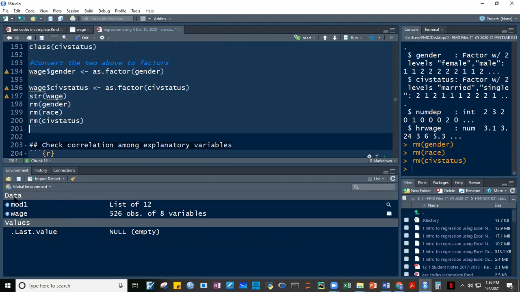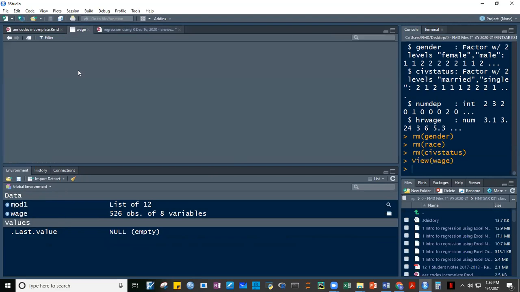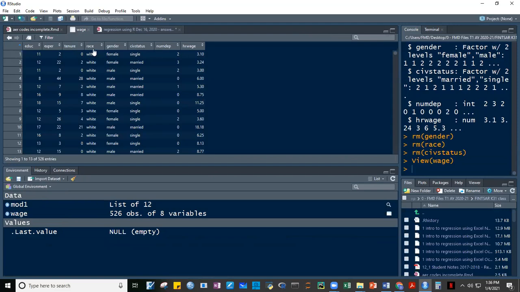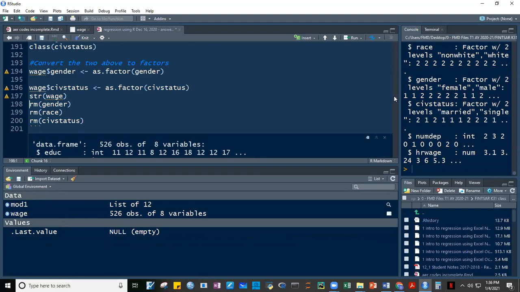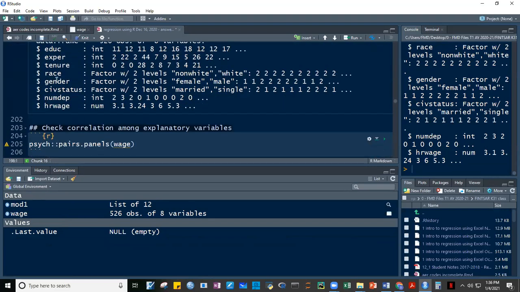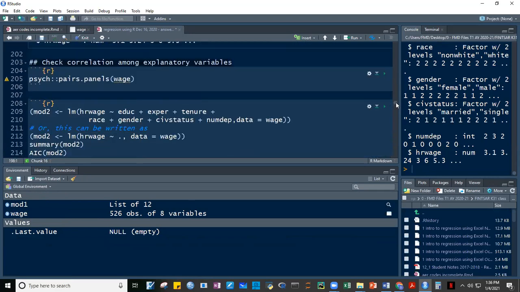Model 1 yung kaninang simple linear regression. So si wage, ito pa rin siya. Pero yung race, gender at saka civil status, they're no longer character. They are already, as shown here, structure ng wage, they are already factors. Yan. And we need that guys for our multiple regression. Okay, so let's continue.